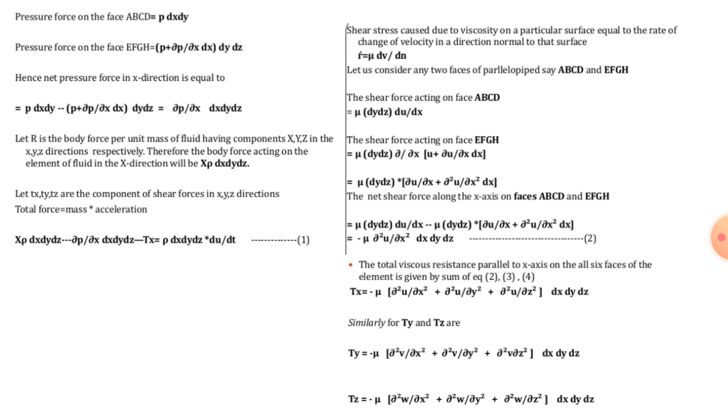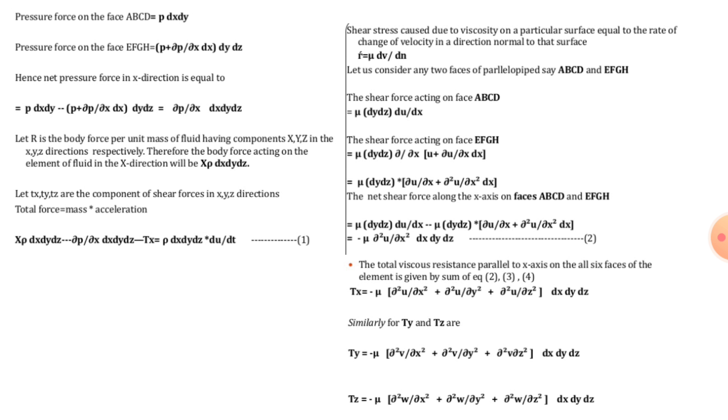Let Tx, Ty, Tz be the components of shear force in the x, y, z directions. The total force is equal to mass into acceleration. So, Xρ dx dy dz − ∂P/∂x dx dy dz − Tx is equal to ρ dx dy dz du/dt.